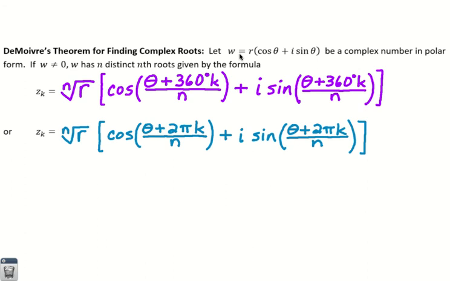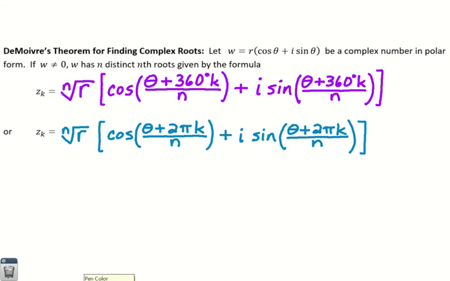The r is going to be the radius, duh. Theta is going to be the angle, duh. There's n again, 360. So the only thing I haven't addressed yet is what are we going to be plugging in for k? For k. All right? Now, check this out.